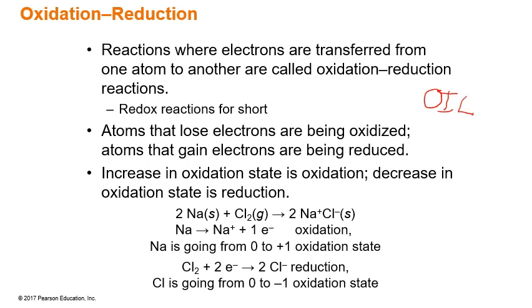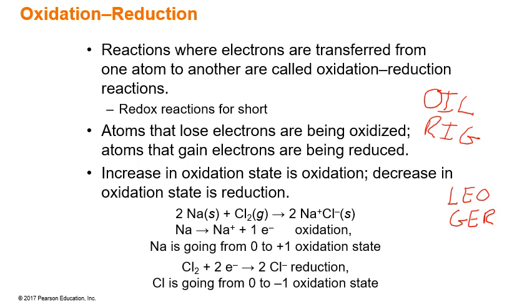So OIL: oxidation is loss. RIG: reduction is gain of electrons. Or if you prefer, you can use Leo the lion says GER: loss of electrons is oxidation, gain of electrons is reduction. And that just helps you remember which one is which.